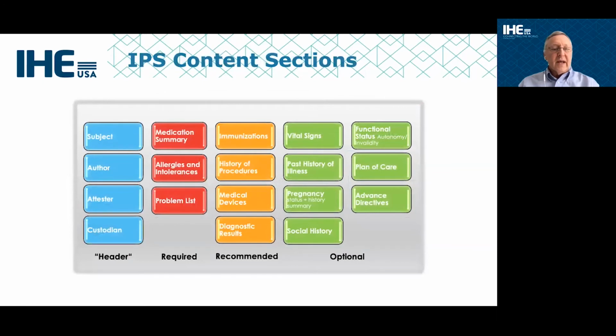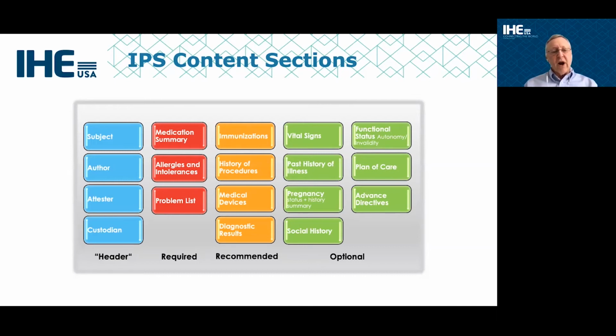And so I'll describe now a little bit about the content of what's actually in the IPS. It's broken up into a number of sections. As you see on the left, the header sections, you've got things that talk about what's the subject, the author, the attester, the custodian. That's similar to the CDA header if you're familiar with that.